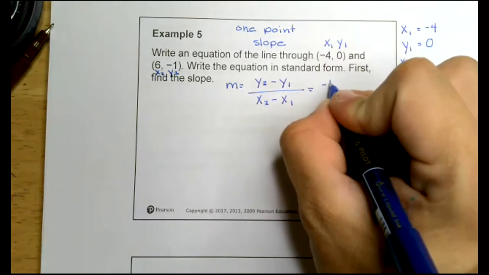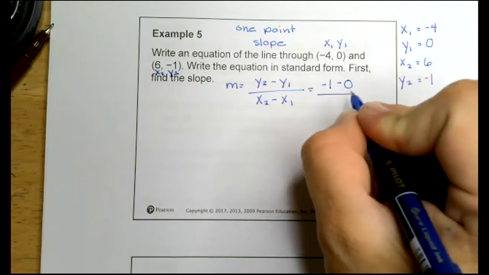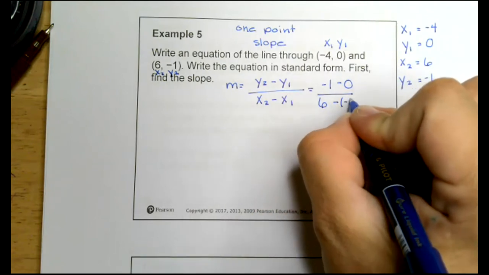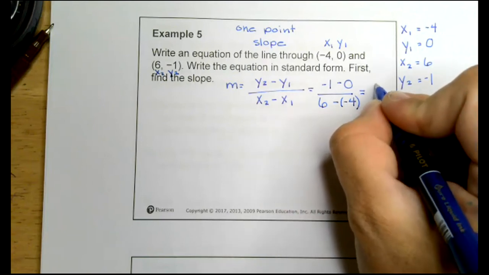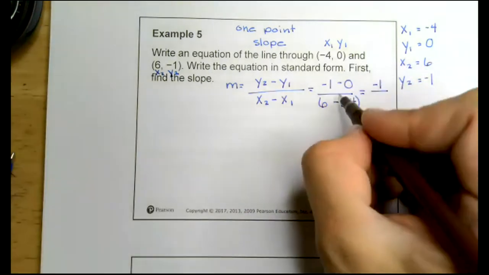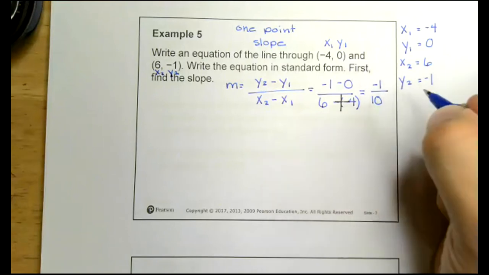y2 is -1 minus y1 is 0. x2 is 6 minus -4. So that becomes -1 over 10. Okay?